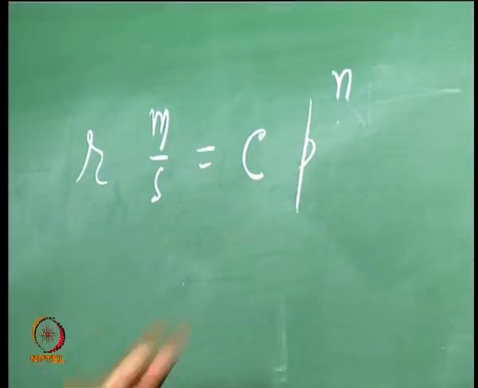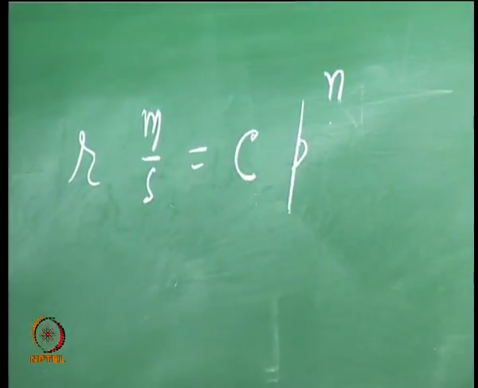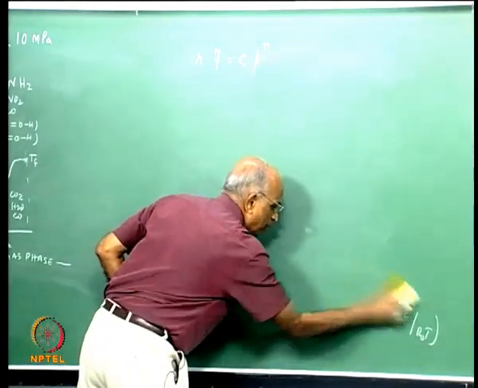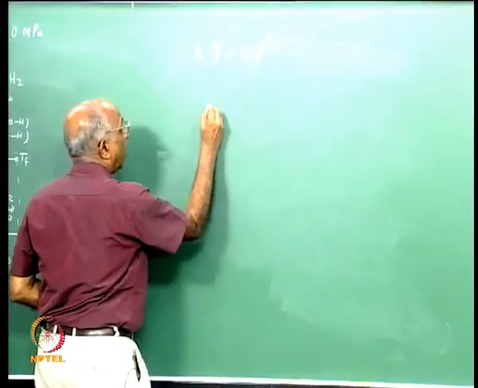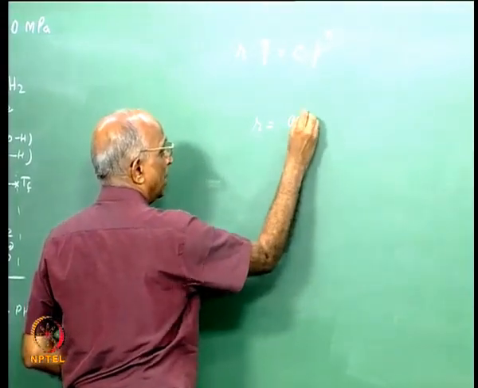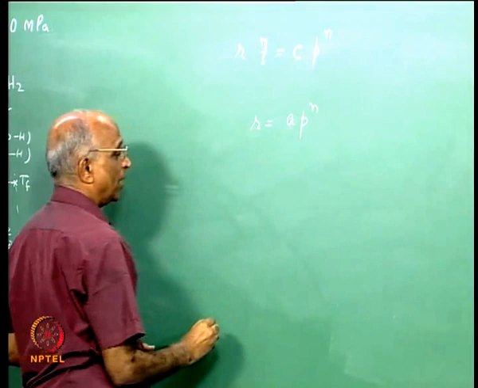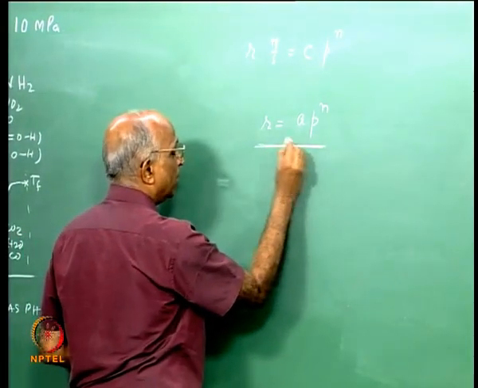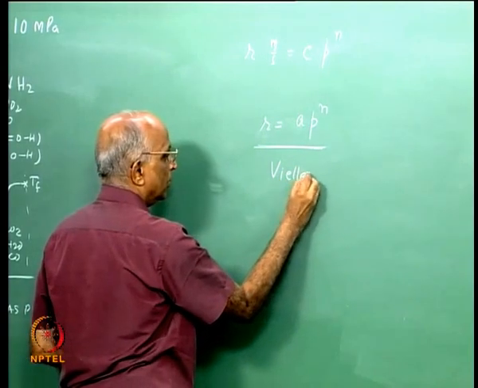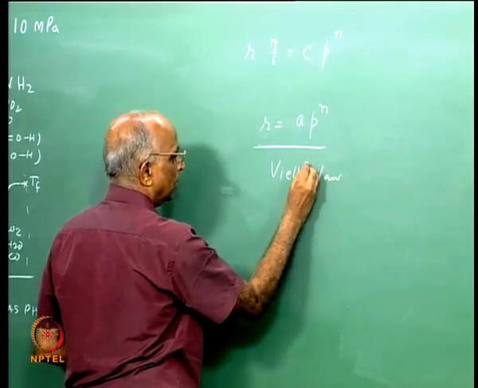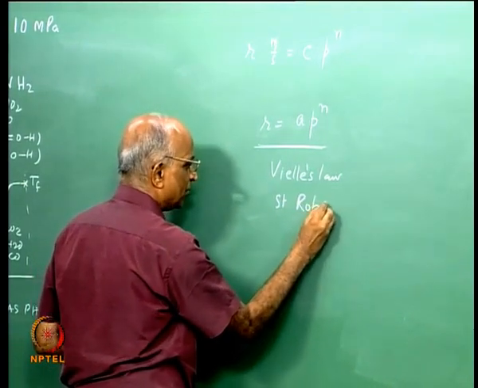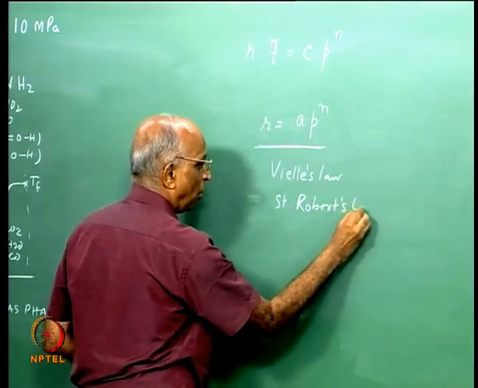It is possible for us to write the burn rate of a propellant, maybe the double base propellant, r equal to A, where I now write instead of constant C a constant A, P to the power n, and this form of burn rate is what is known as Vieille's law, or, since a priest in France discovered it, it is also known as Saint Robert's law.